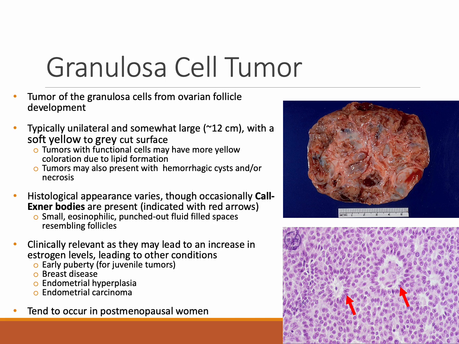These tumors are more common in older women, especially postmenopausal women. But the juvenile versions can actually cause early onset of puberty because of that extra estrogen. Breast carcinomas tend to be responsive to estrogen levels, as well as endometrial carcinoma and hyperplasia, which we talked about. So even if the tumor itself is relatively benign, some of the downstream effects could be problematic.